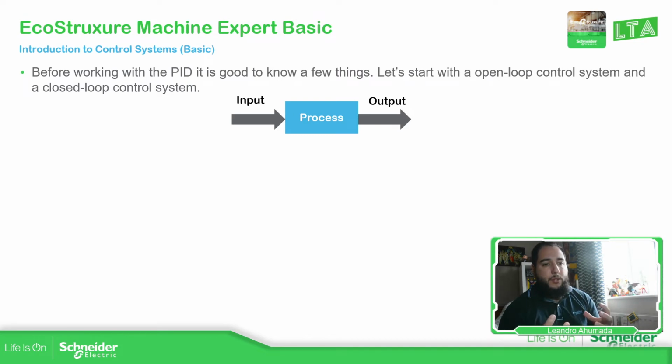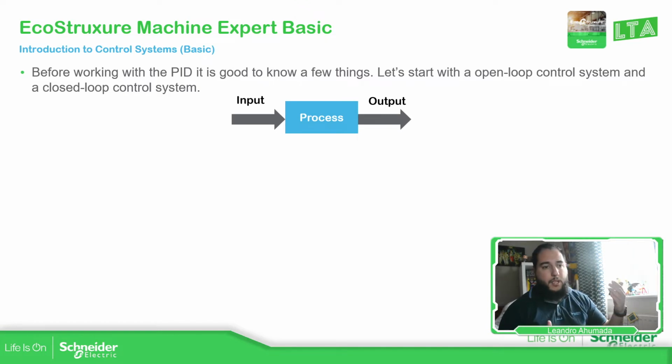In order to understand the PIDs, it's important to know the different systems that we have. We have the process, and we have inputs and outputs. The PID that we're going to see is related to SISO, single input and single output of the process.